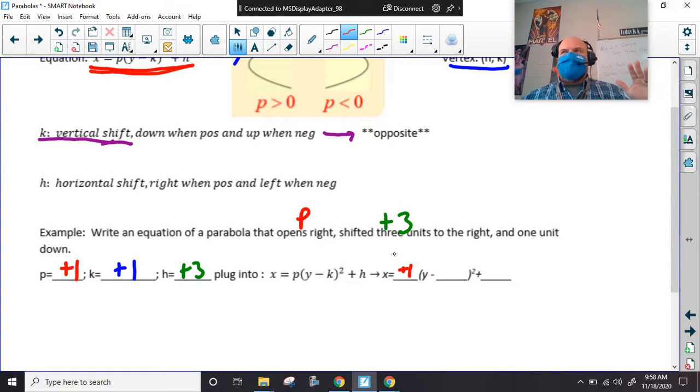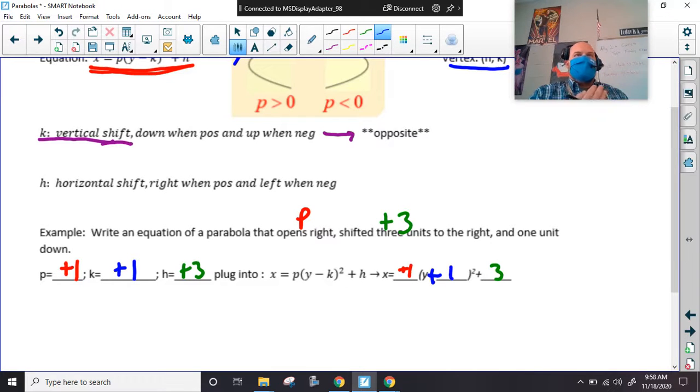We're not doing that. If it's positive or negative, that's it. Our h value goes back here, so this is a +3. And our k has got to be written as +1. Again, a little weird.